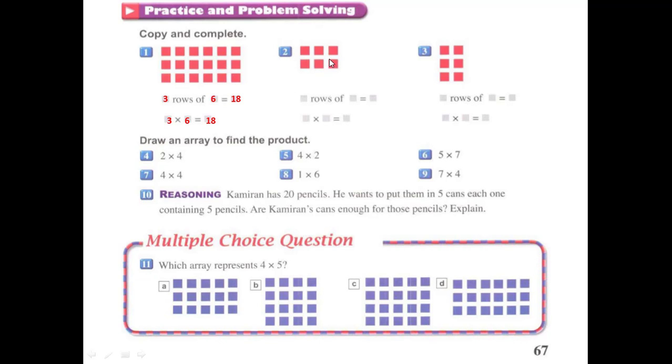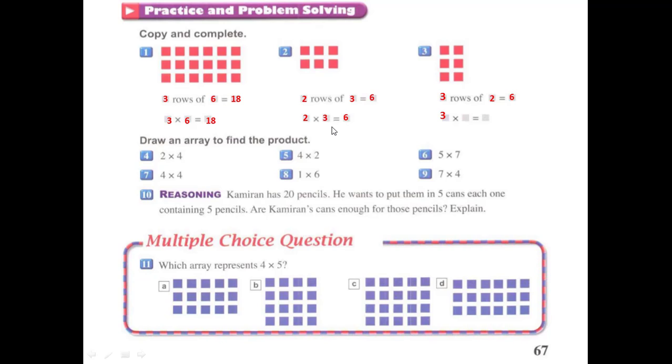Again, how many rows do you have? 1, 2. How many columns do you have? 1, 2, 3. 2 rows of 3 is equal to 6. That means 2 times 3 is equal to 6.